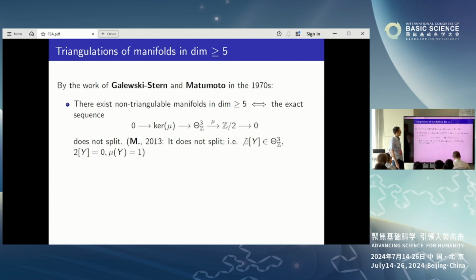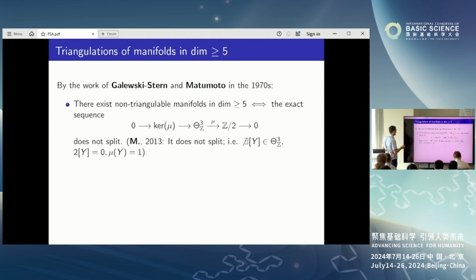Basically you would want to have an element that is 2-torsion, the image of 1, that's 2-torsion, and it has Rokhlin invariant 1. Okay. All right, so what I proved in 2013 is that it doesn't split. So such an element does not exist, and therefore non-triangulable manifolds do exist in dimensions greater or equal than 5.